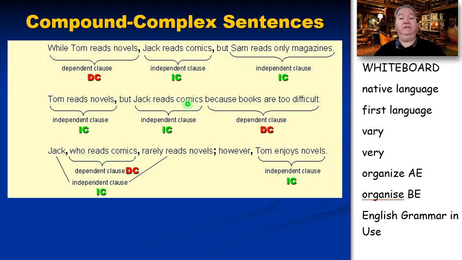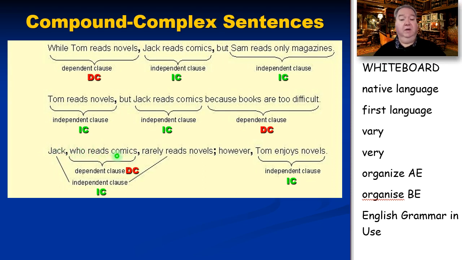We know that Jack reads comics from these other sentences. So here we could just say Jack rarely reads novels. But why does he rarely read novels? Well, we know that he reads comics instead, because books are too difficult. So, who reads comics? This just explains or describes Jack to us.